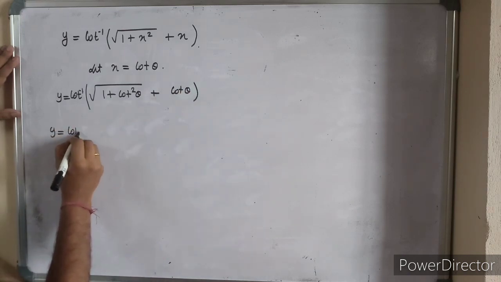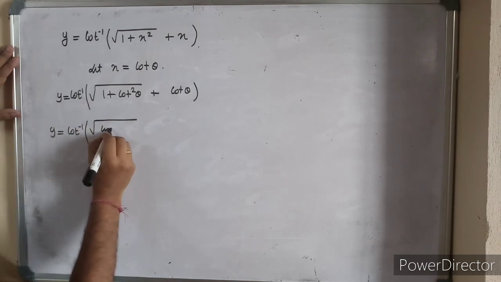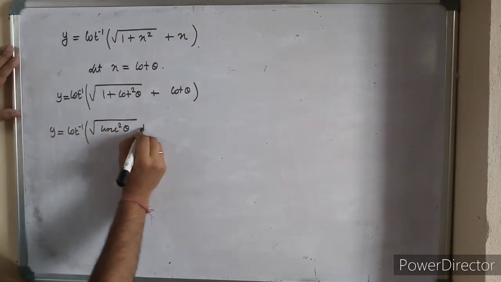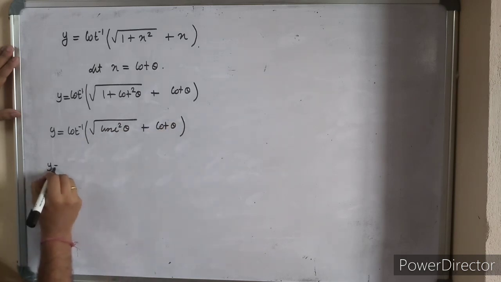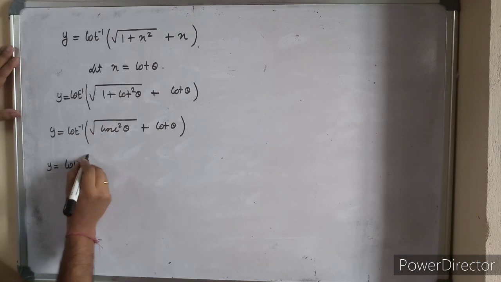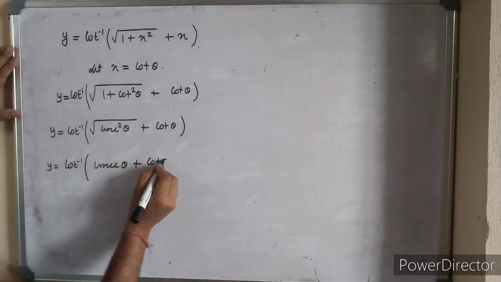Y is equal to cot inverse of under root, 1 plus cot square theta is cosec square theta, plus cot theta. Y is equal to cot inverse of cosec theta plus cot theta.